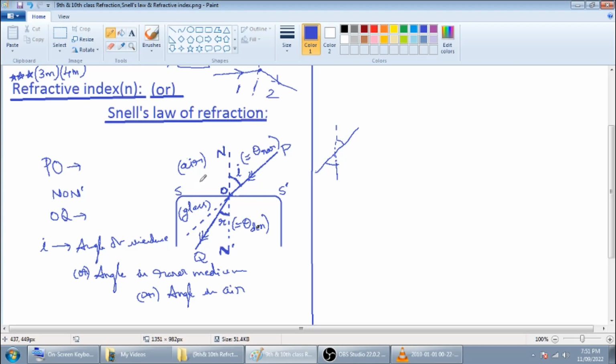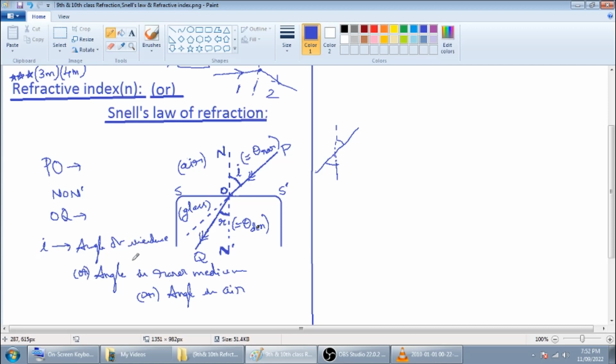Kerosene oil is also a transparent medium, and its density is also lesser than that of glass. So any such medium can be considered here. If air is considered, then only it's called the angle in air. Otherwise, in general it's called the angle in the rarer medium. Or in still simpler words, it can be called the angle of incidence. From the word incidence only I is taken.